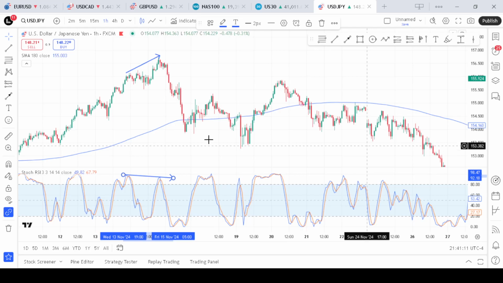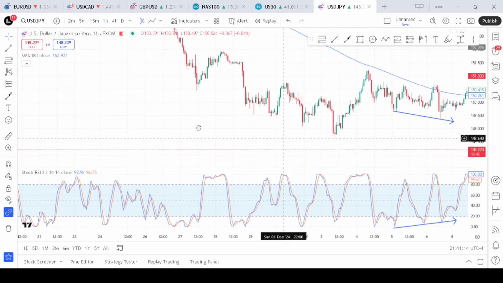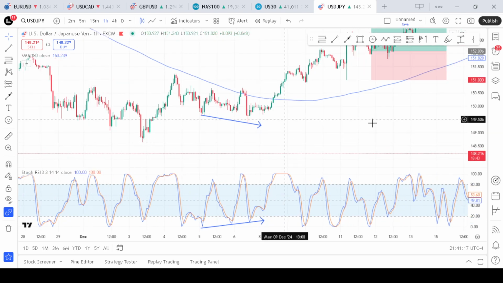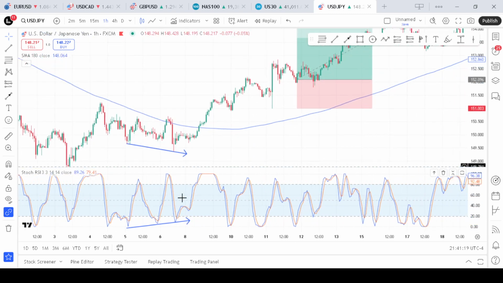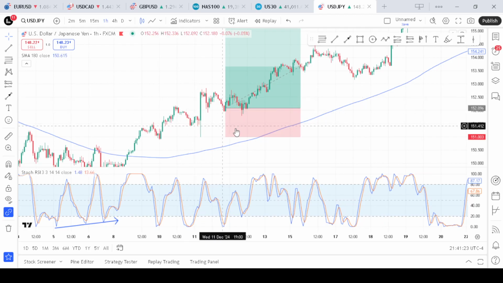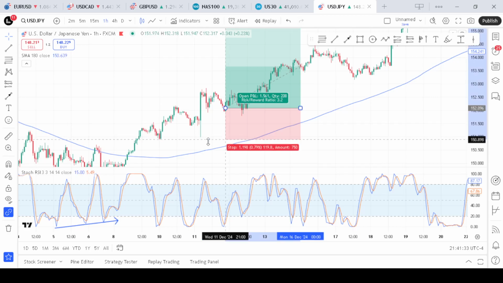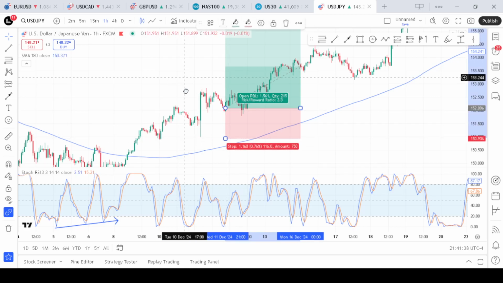For the buy trade I was about taking at this area, you would put your stop loss slightly below the recent swing low, and as we can see, this is the recent swing low here.